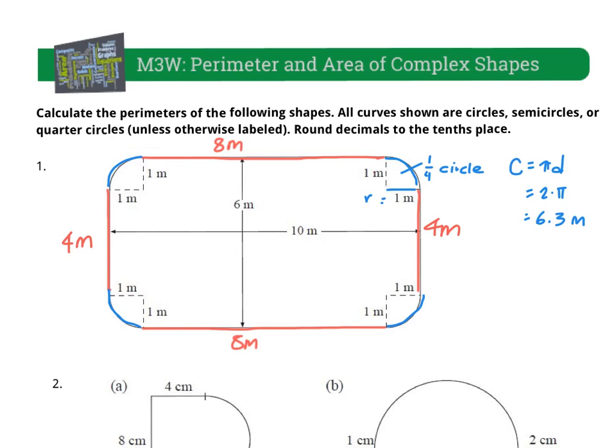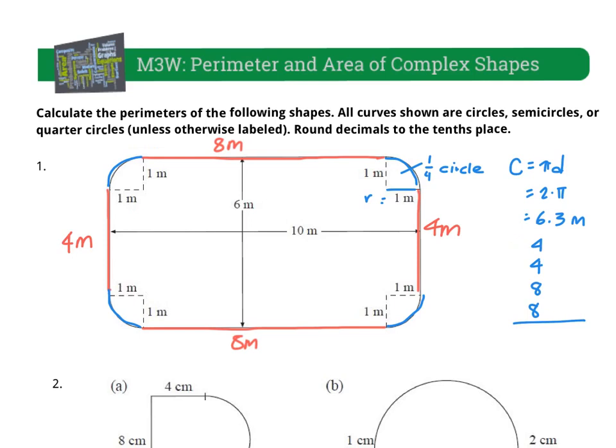And then to find the total perimeter of this shape, I just need to add on the lengths of all those straight sides that I already computed. So I'm going to add on 4 and 4 and 8 and 8 and total all of that up.